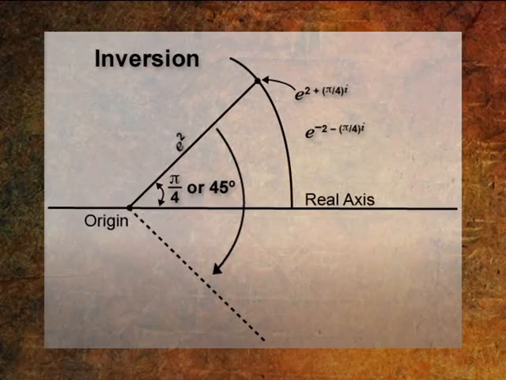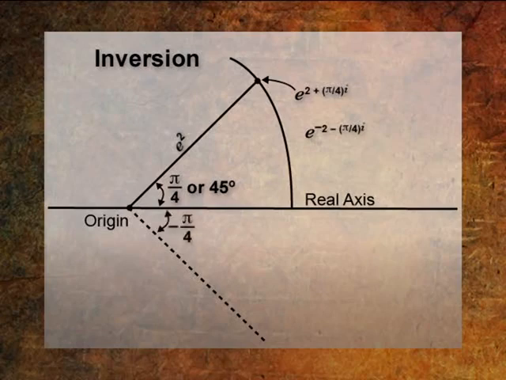If I've got a complex number that is 5 units from the origin, its reciprocal will be 1/5 of a unit from the origin. Something different is happening with the angle, though. The angle had been pi over 4 radians, an arc of pi over 4. That turns into minus pi over 4. So instead of traveling in a positive direction from the positive real axis, in other words, instead of traveling counterclockwise, we travel pi over 4 radians in a clockwise direction.